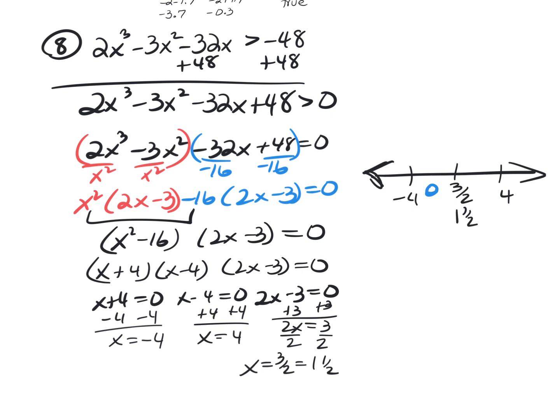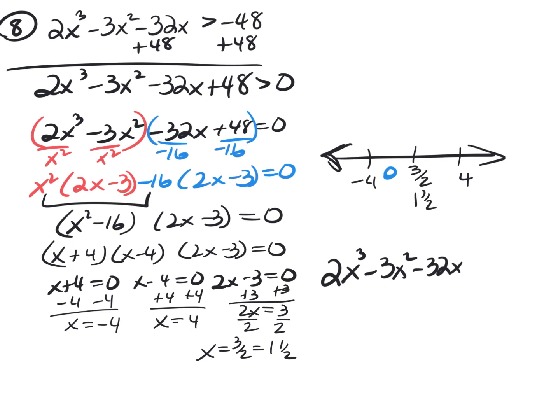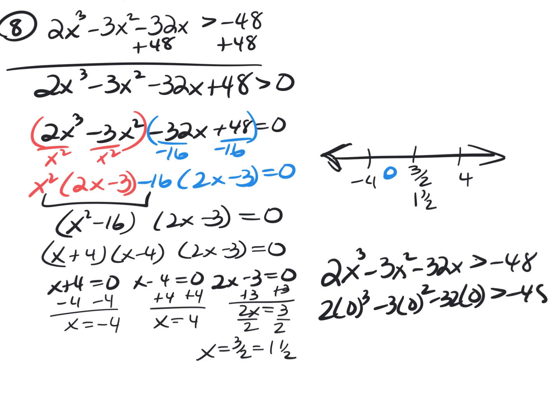So I take my original problem, the 2x to the third minus 3x squared minus 32x greater than negative 48. Once I put all of this in here, notice all of this becomes 0. 0 greater than negative 48.